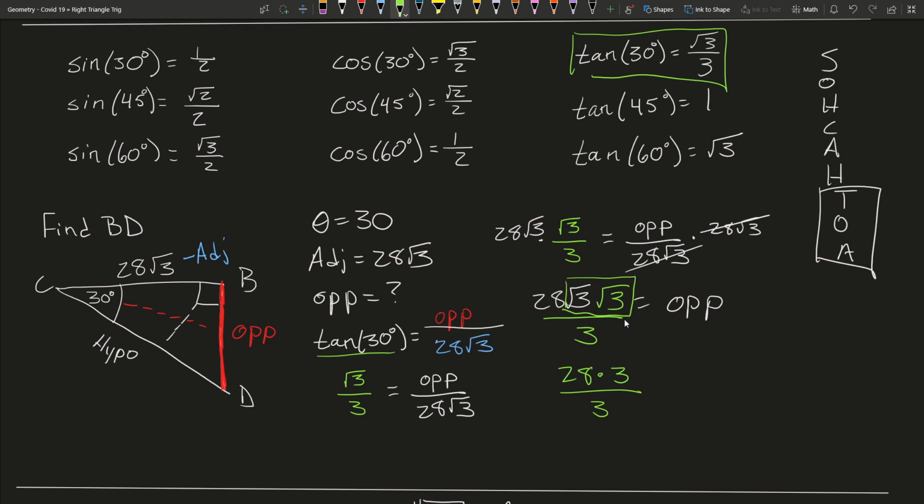So we have 28 times 3 over 3. Those 3's can cancel, so the opposite side is just 28. Again, questions on this problem?